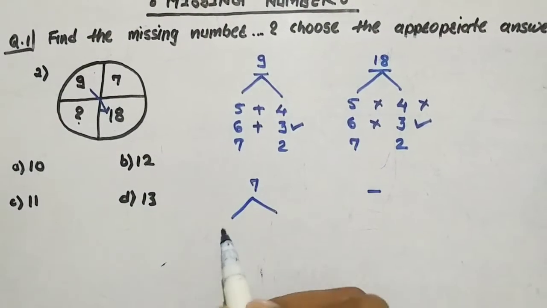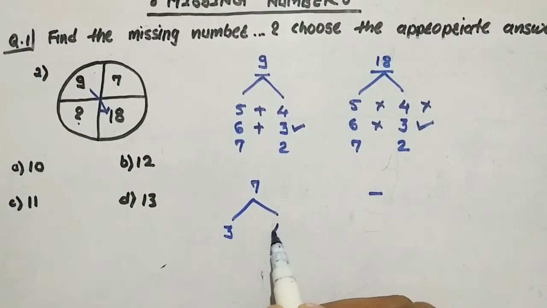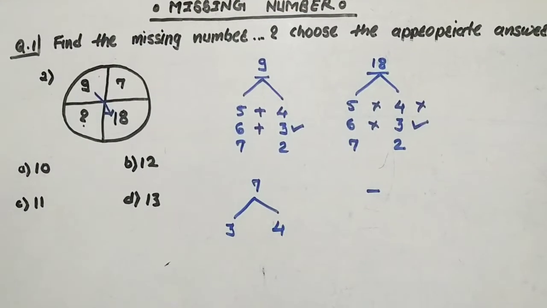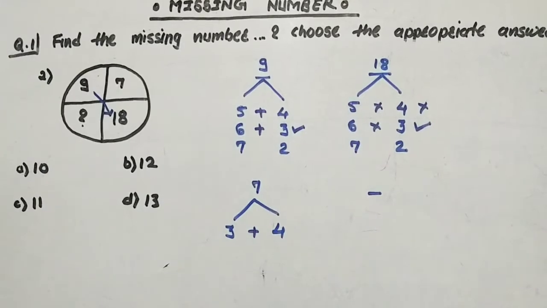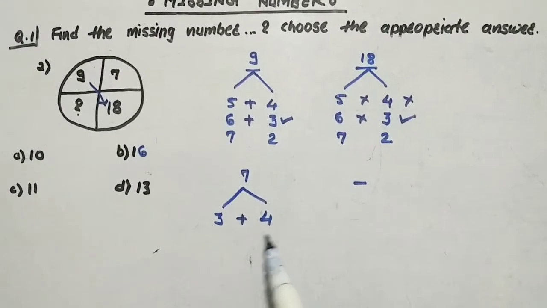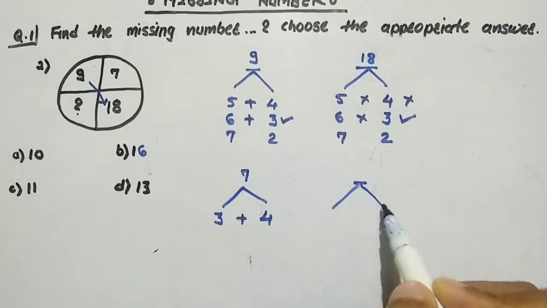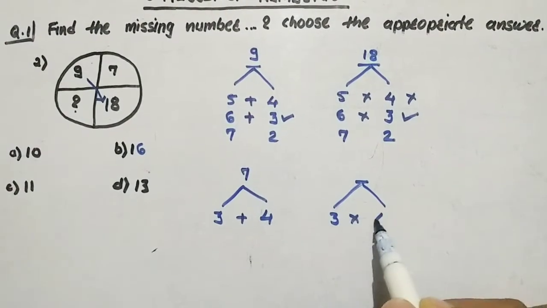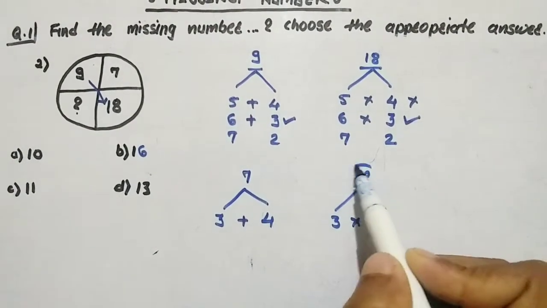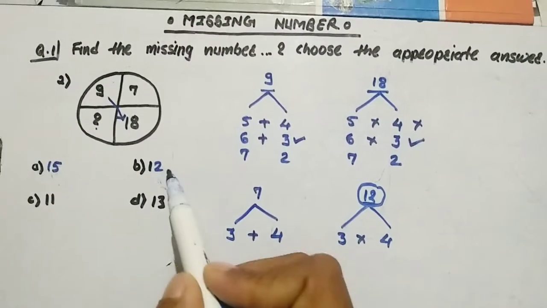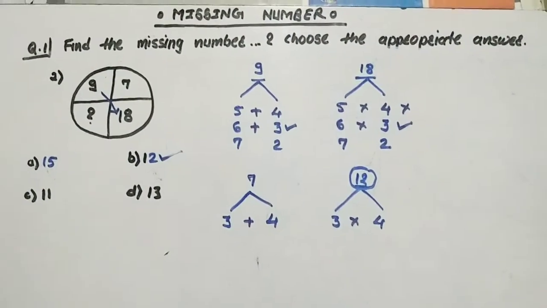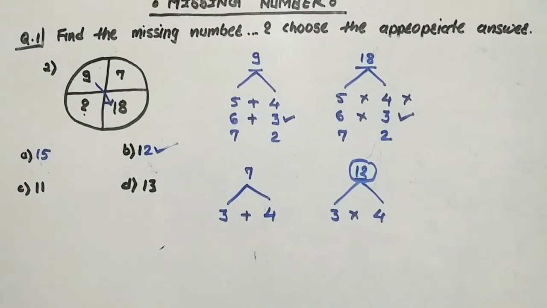So 7, that is 3 and 4, right? So 3 plus 4 is 7, and 3 into 4, then we will get the answer, that is 12. So option B is the correct answer, right? I hope that this is clear to everyone, students.